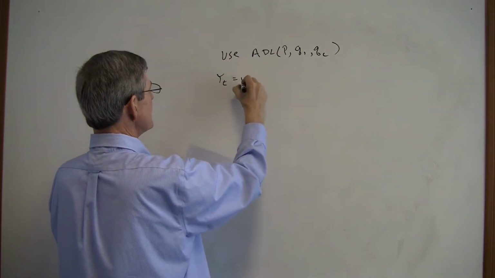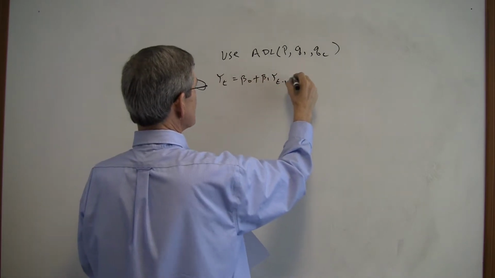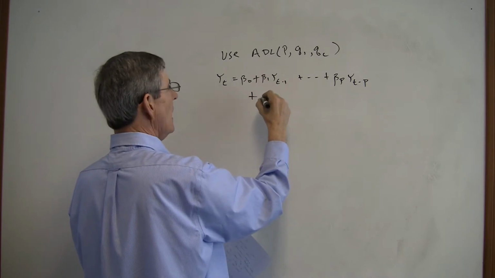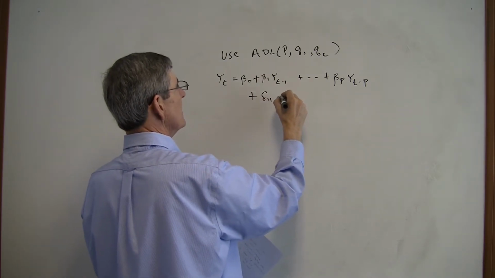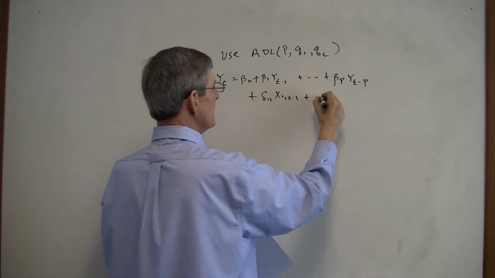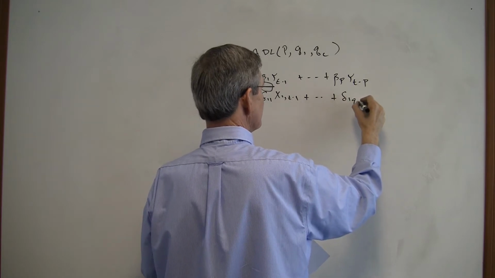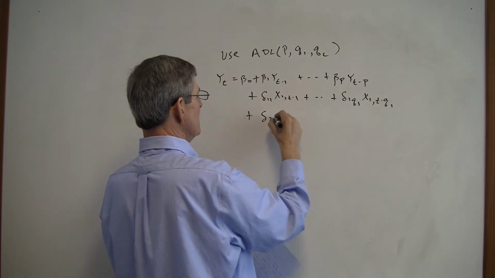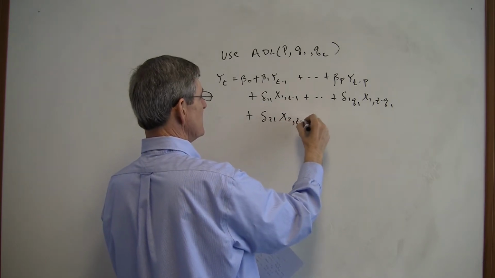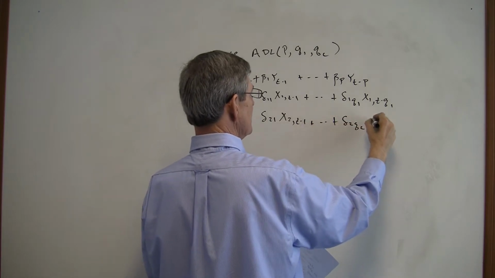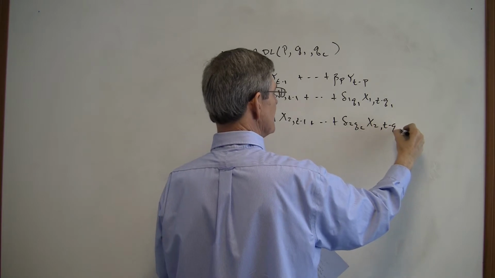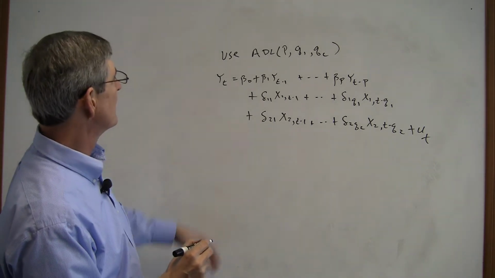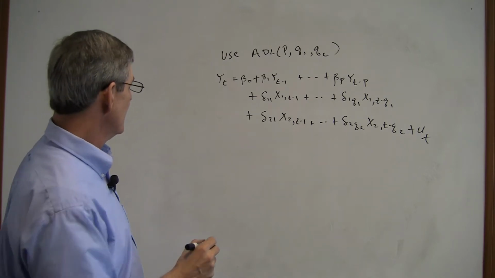That means yt is beta naught plus beta 1 yt minus 1 through beta p yt minus p, plus delta 1 1 x1 t minus 1 out to delta 1 q1 x1 t minus q1, plus delta 2 1 x2 t minus 1 through delta 2 q2 x2 t minus q2, plus an error term. So that's the standard ADL for two x's.